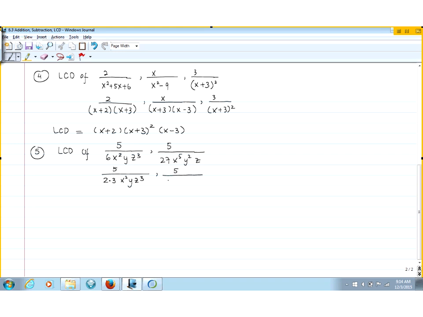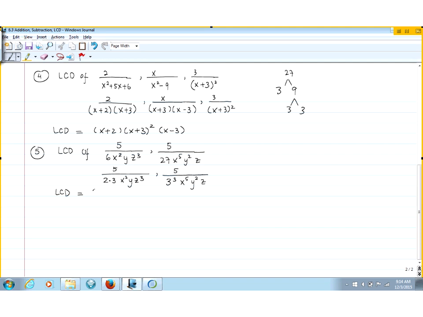What is the prime factorization of 27? 3 times 9, but 9 is not prime, right? So then you do 3, 3. So 27 is 3 cubed. So 3 cubed times x to the 5th times y squared times z. Good. So we completely factored them.